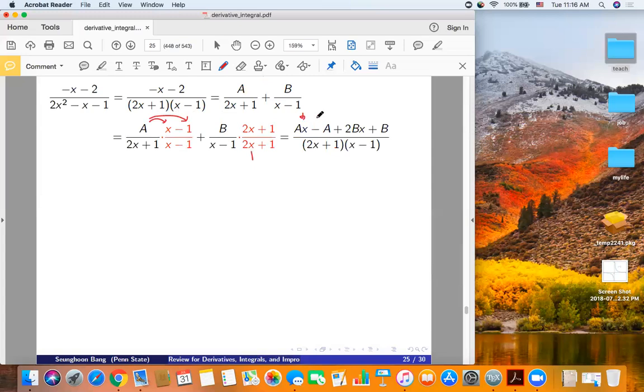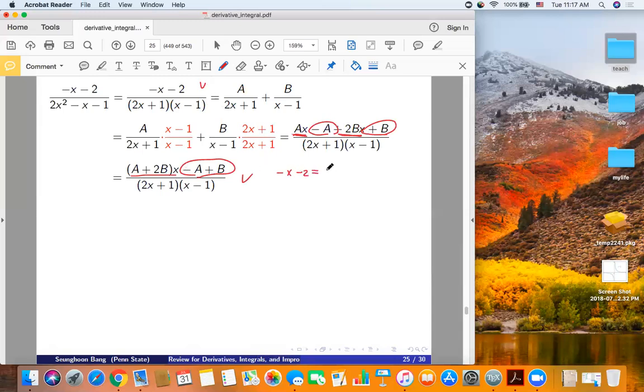We have ax minus a. Distribute b. We have 2bx and b. Next, combine. Ax plus 2bx is a plus 2b times x. The negative a plus b is the constant. Next, compare with the original numerator, negative x minus 2.